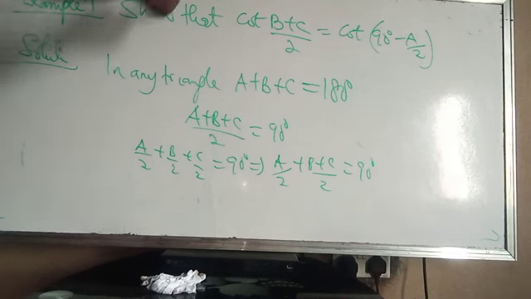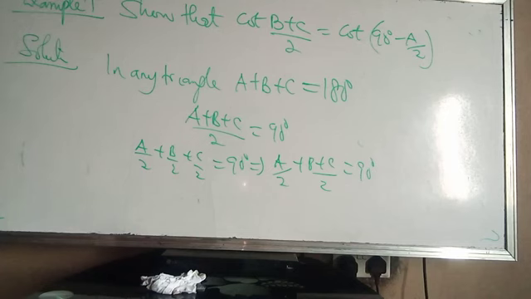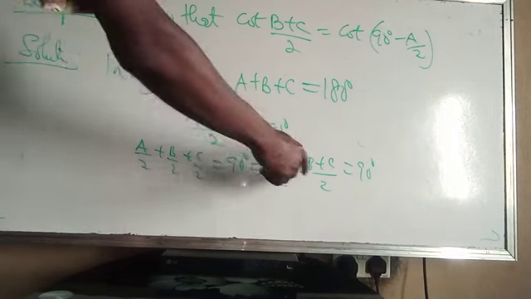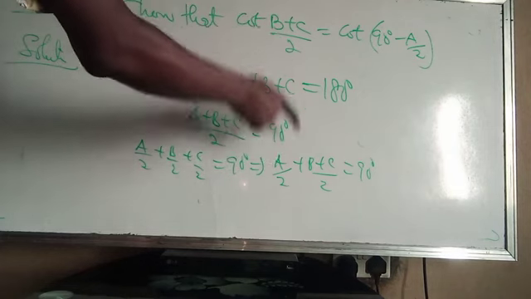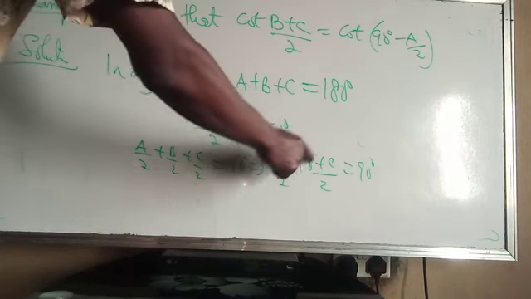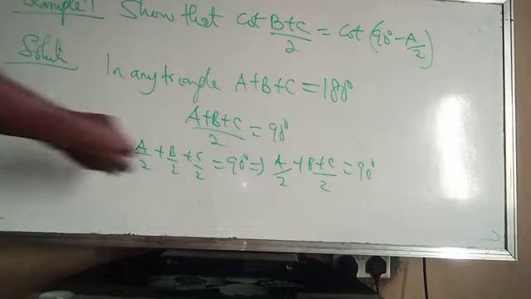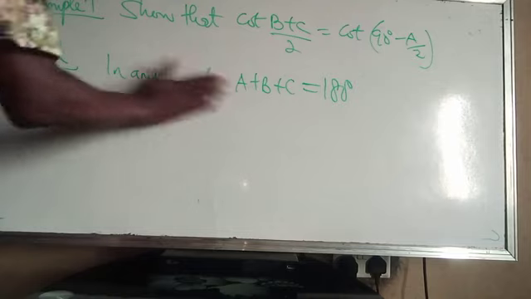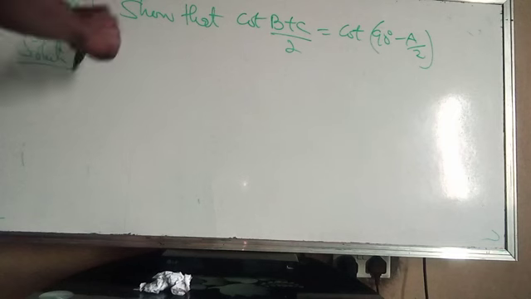Looking at what we have here, because our main target is to show that cot of B plus C all over 2 is equal to cot of 90 degrees minus A over 2, we can make B plus C all over 2 the subject of the formula. So we take A all over 2 to the other side.